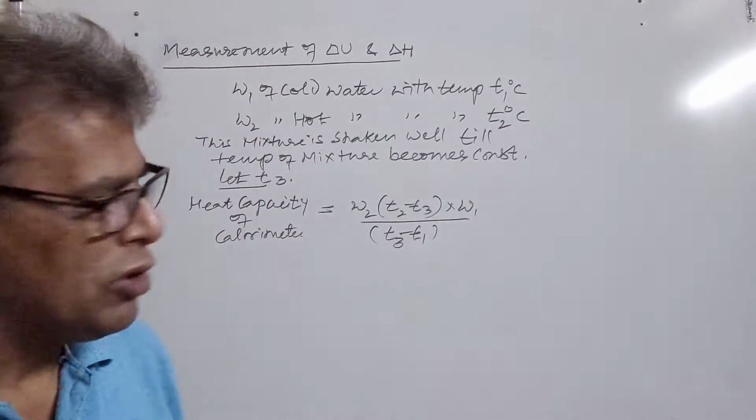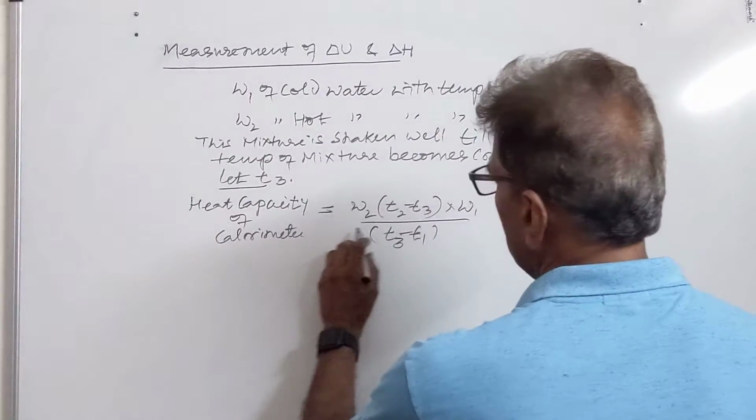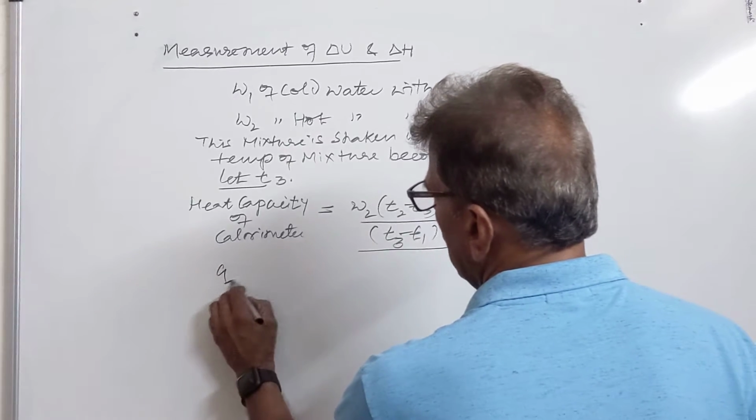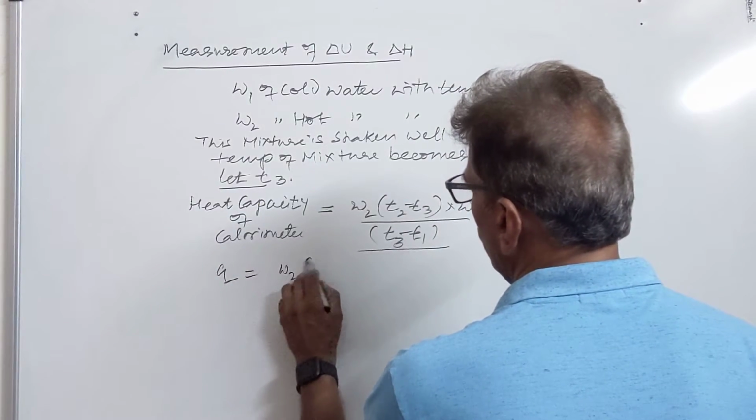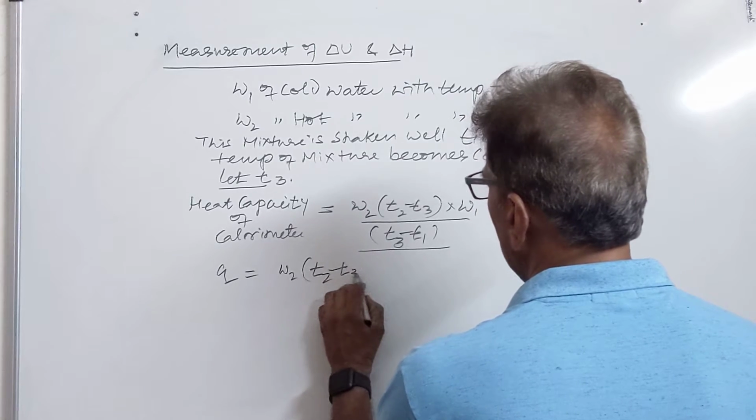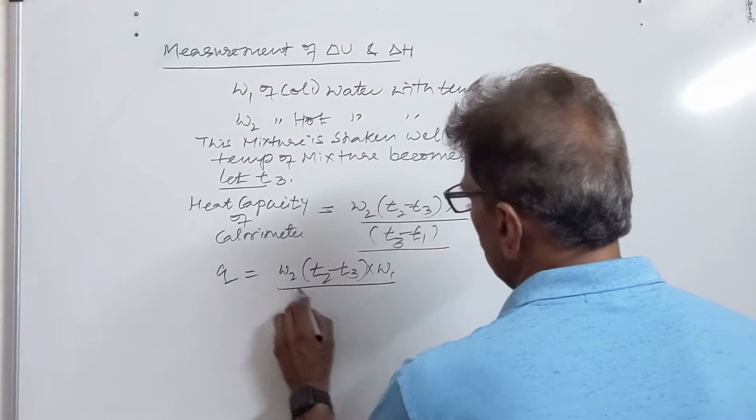So for that purpose we have the heat capacity of the calorimeter, and the heat change that occurred will be given by W2 into T2 minus T3 upon W1. This will come here.